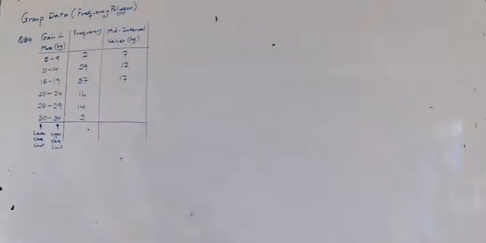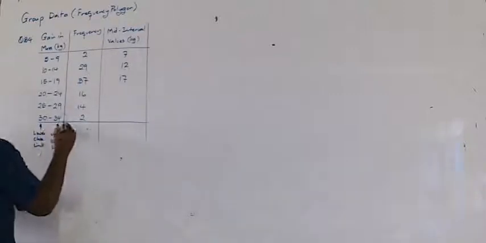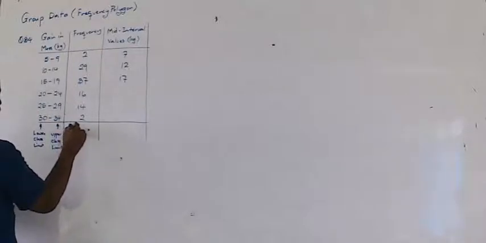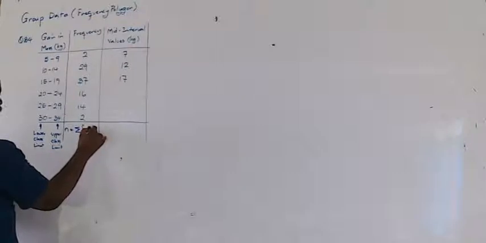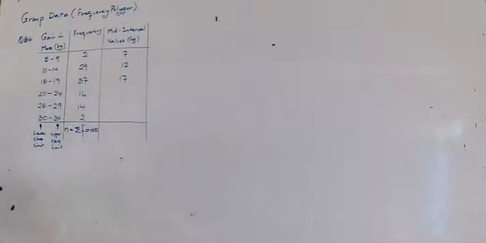In this question, some things I must remind you of. For group data, n is equal to the sum of the frequency. And if you add this up, you're going to get 100. Why 100? Because it says, in an agricultural experiment, the gain in mass of 100 cows.